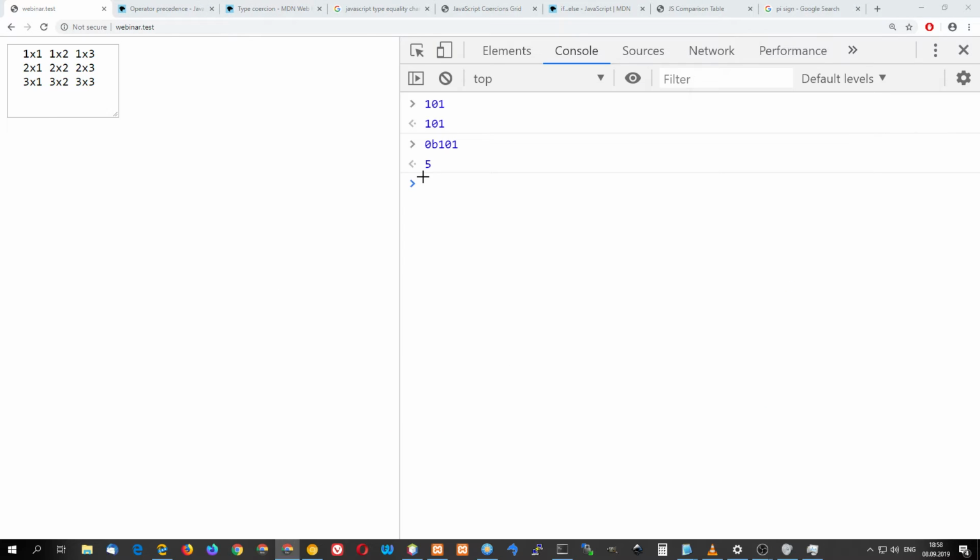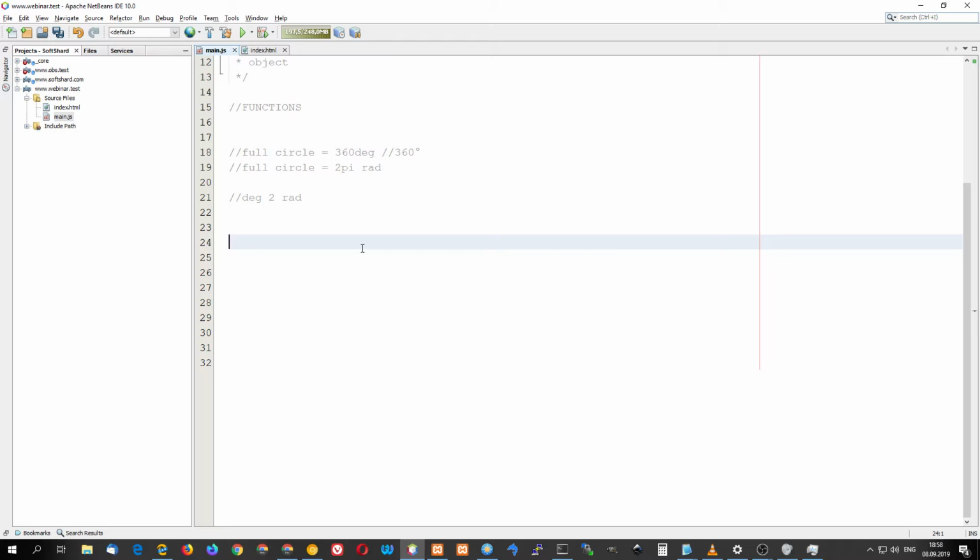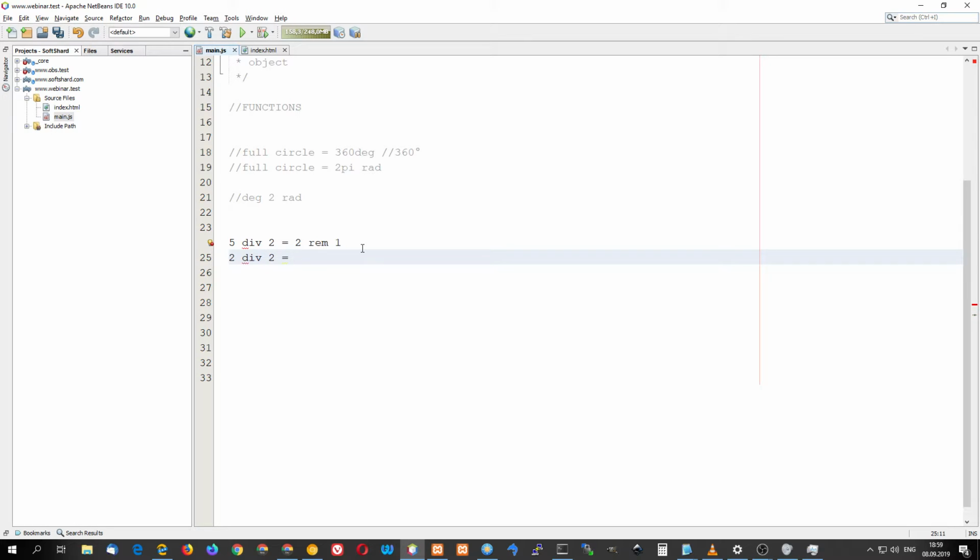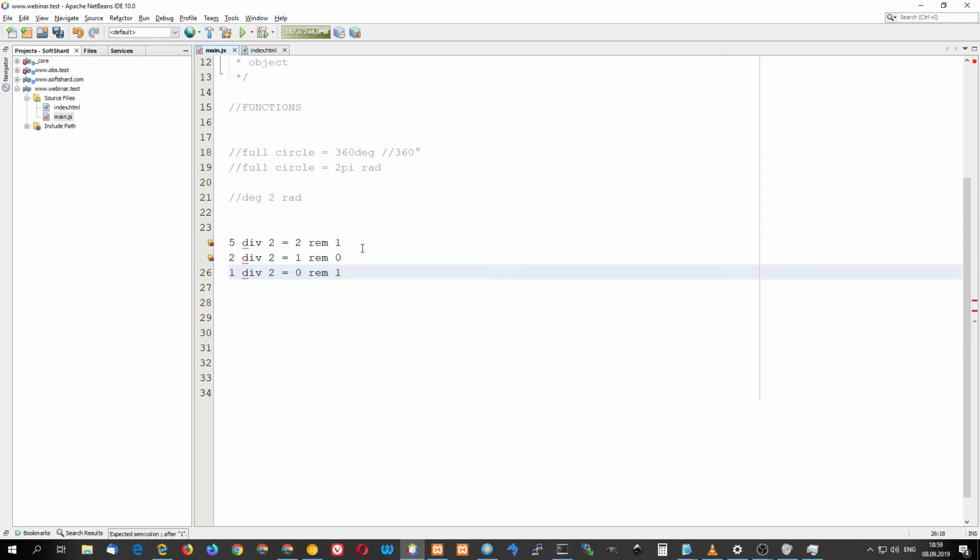So we get something like this. Let's assume integer division, not just division with fractions. 5 divided by 2 equals 2, remainder 1. 2 divided by 2 equals 1, remainder is 0. 1 divided by 2 equals 0, remainder is 1. And we stop the computation.